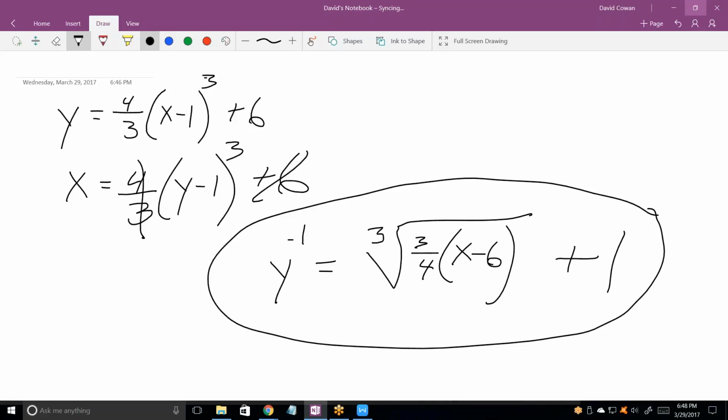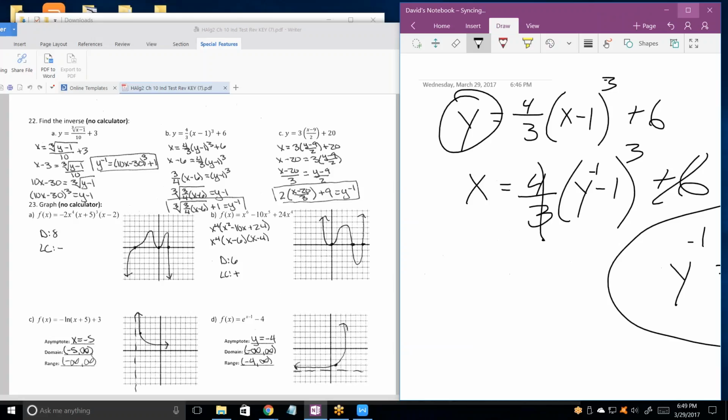You can't keep calling it y. It's not the same as this y here. So we really should switch variables and call that y inverse and solve for y inverse. That's really the way they should state it, although I've never heard anybody state it that way.